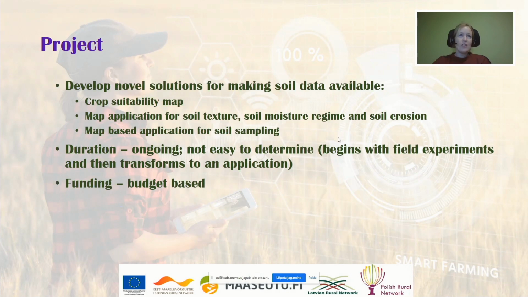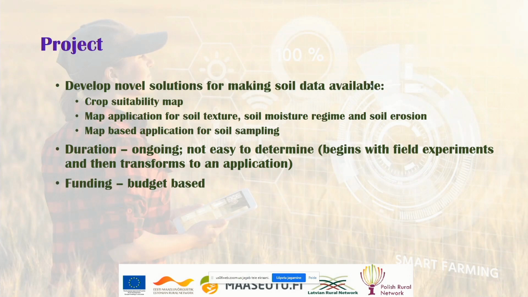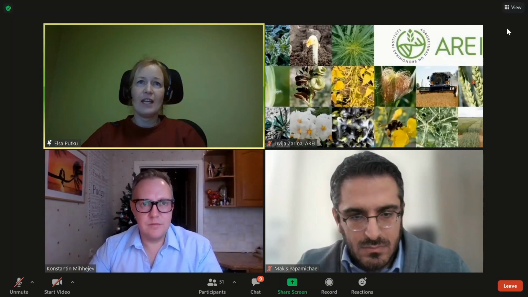To determine the duration of the project is quite difficult. In some ways, this is ongoing all the time. We are thinking of new applications and we are thinking of updating the applications. But as the previous presenter said, it's the field works, the experiments, that's what takes time to collect data.